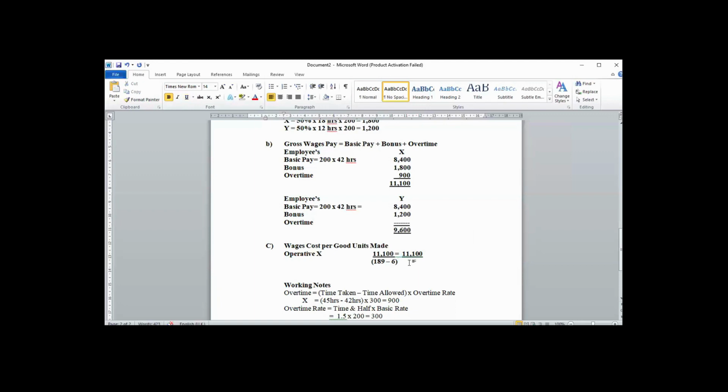They now want to know how much it will be if they consider only the good ones. 189 minus 6. What do you have? 183. 183 units.